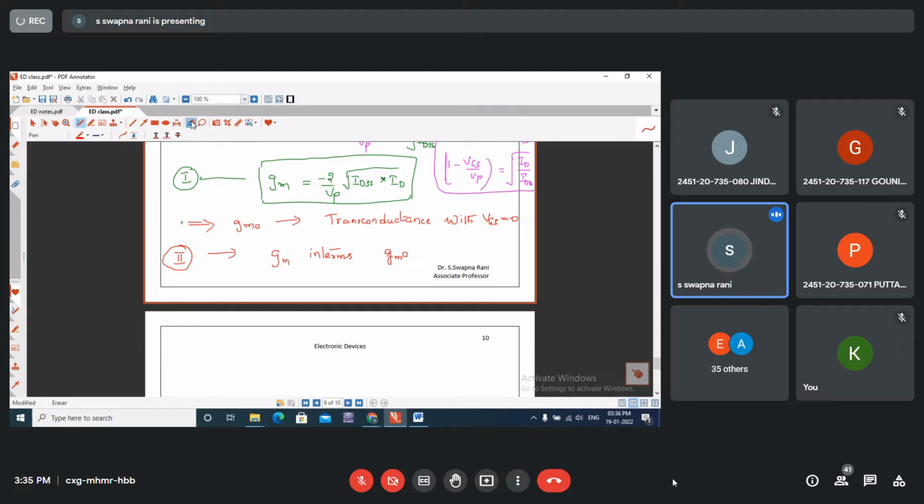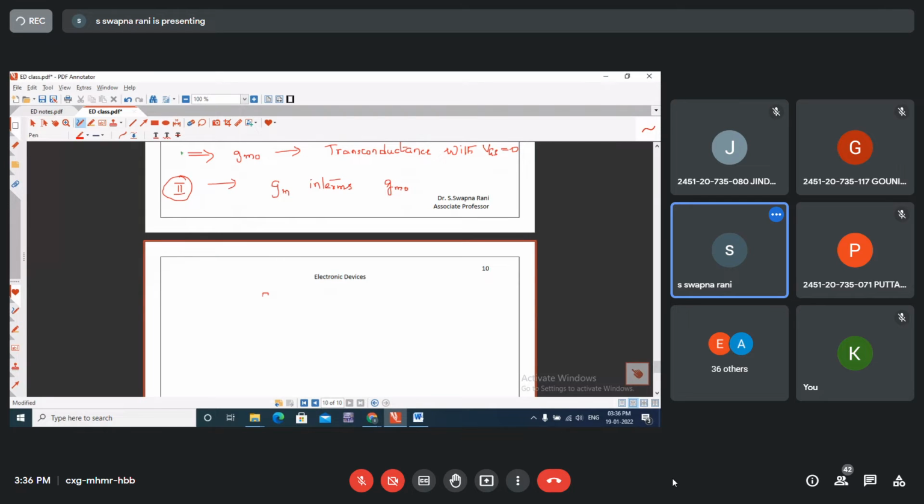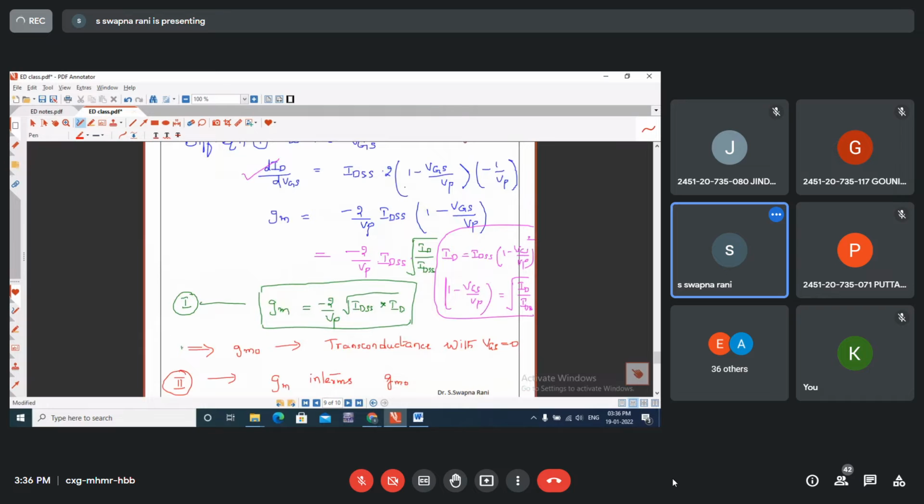These are just for the sake of exam point of view we are discussing, otherwise nowhere we are going to use GM naught, GM and all those things. So now the second one is, I will make use of this equation, I'm giving it as equation 2.